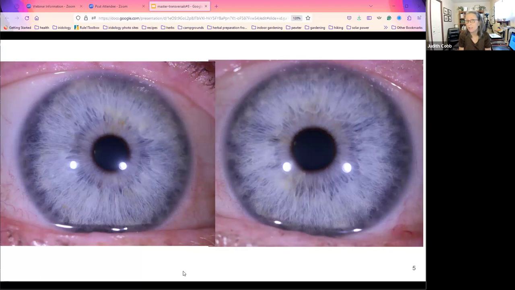Again, maybe this client is doing a lot of things really right. And in doing all of those things that are really right, they are mitigating some of the problems that these inherent tendencies would like to create for them. Does that make sense? That the eyes don't give us a guarantee of anything, but they show us where the predispositions are?